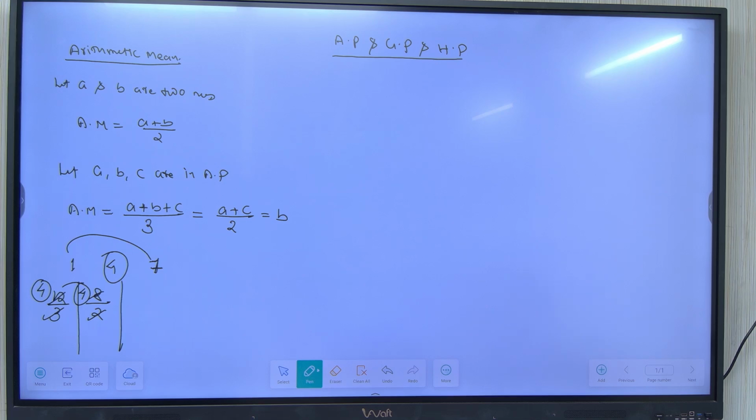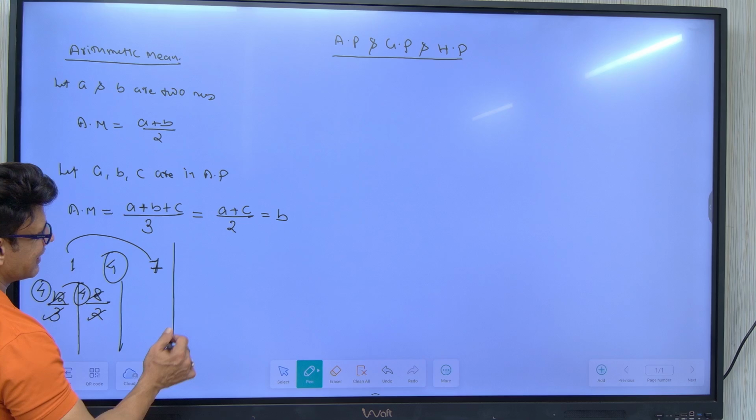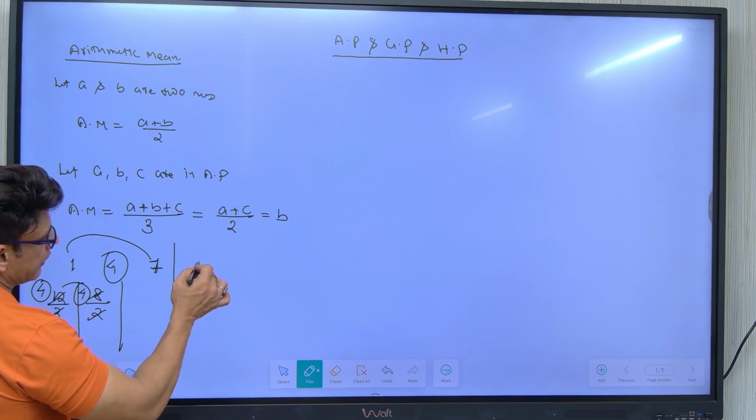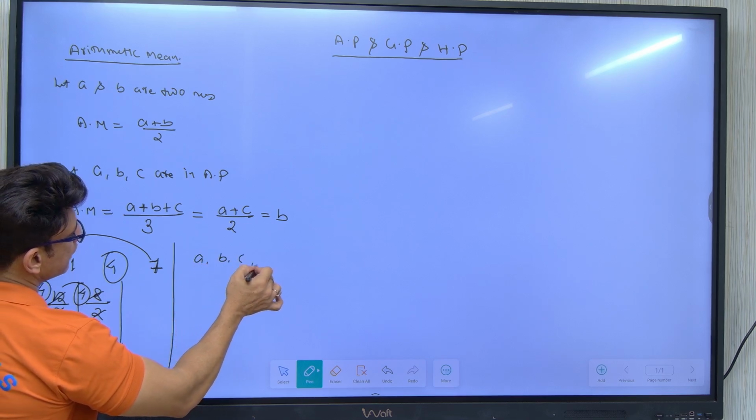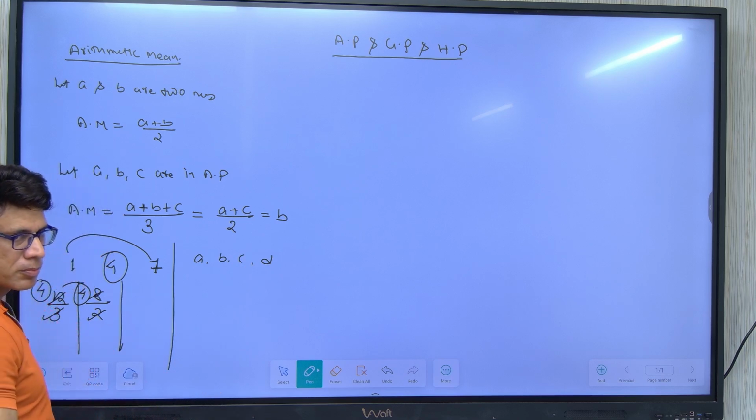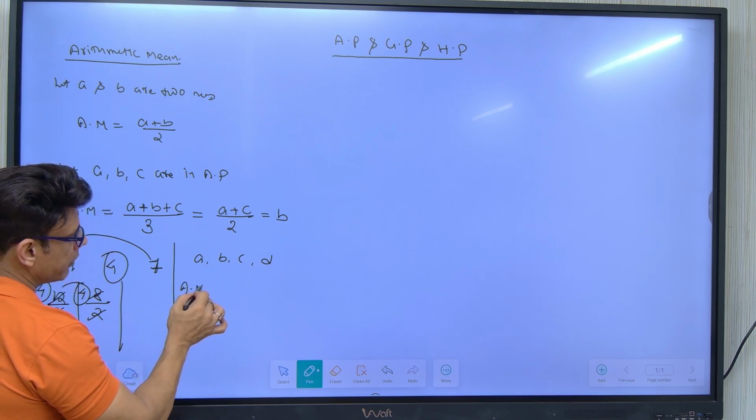If there are 4 numbers, again A, B, C, D, then again the arithmetic mean will be given by what?